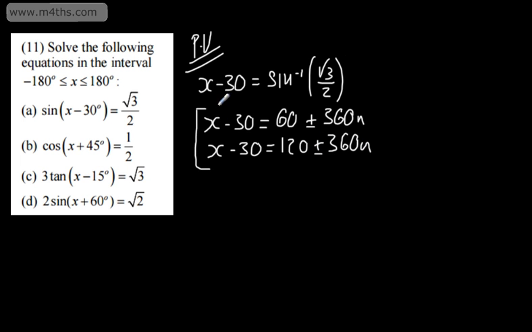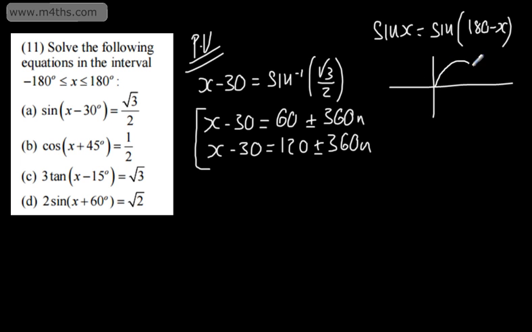And that is my starting point. Remember, sine x is equal to sine of 180 minus x. And we can see that graphically as we did time and time again before. If I've got one here at 60 degrees, then I'm going to have one at 60 back from 180, which is going to give me 120. We can see that this point is a line of symmetry.